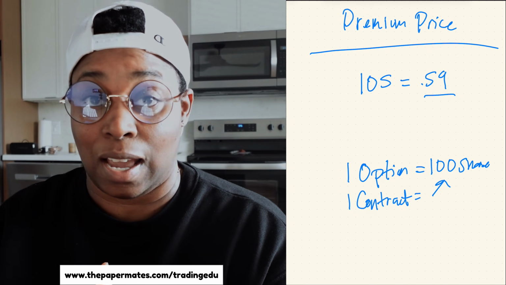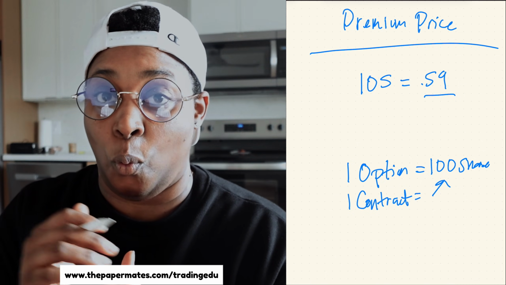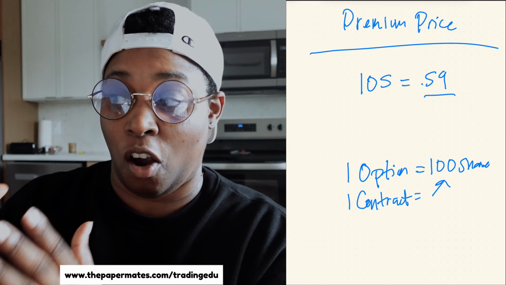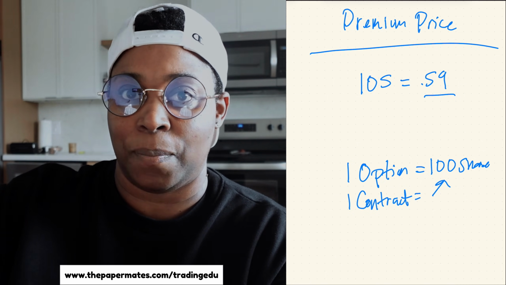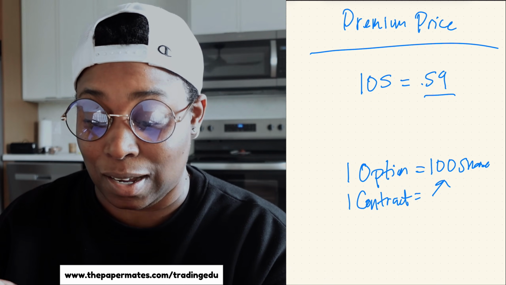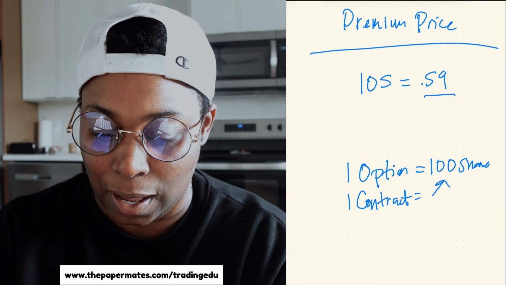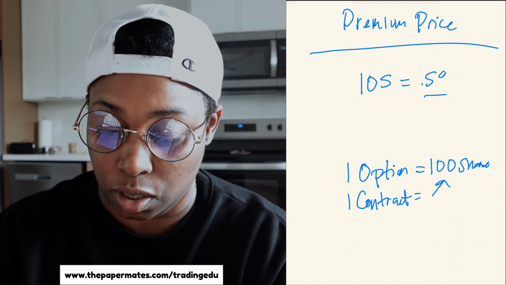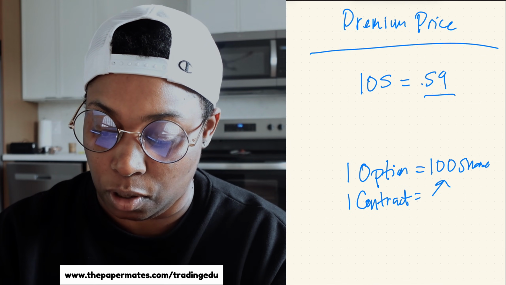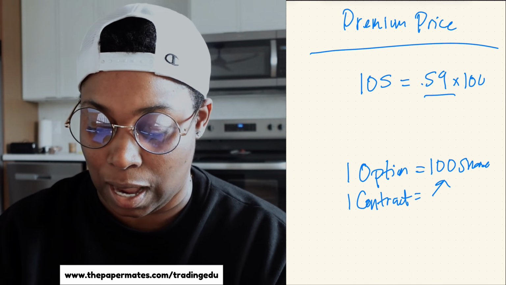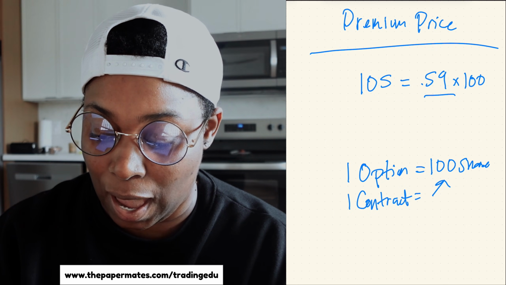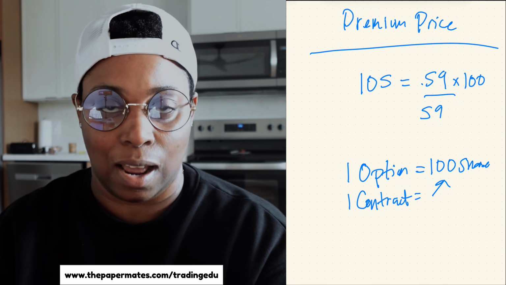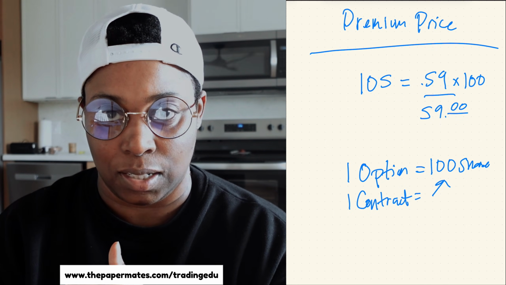And you get to the checkout and you're trying to figure out why your cost to enter this trade jumped up so significantly, because you have to multiply the premium price times 100. The cost will actually be $59, not 59 cents.